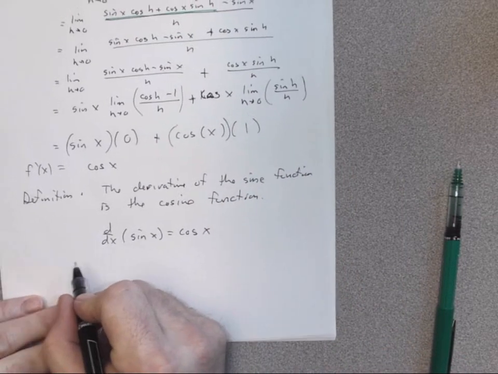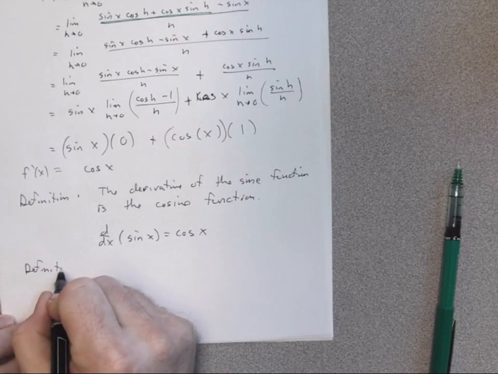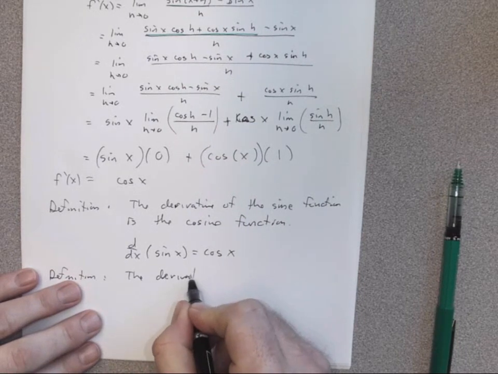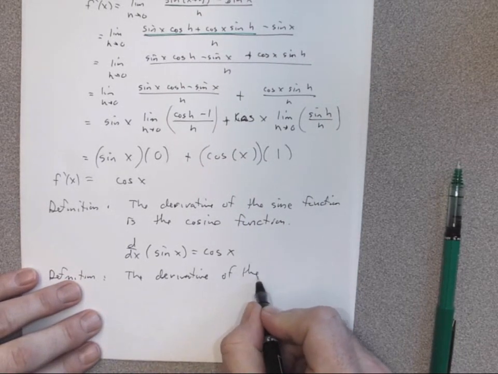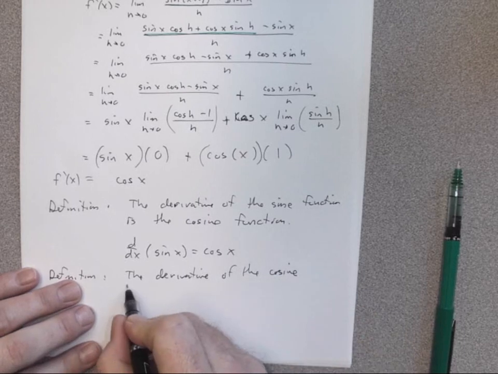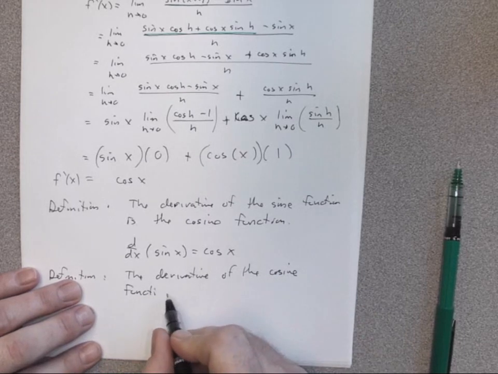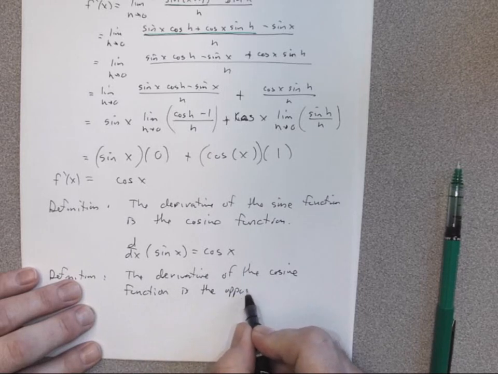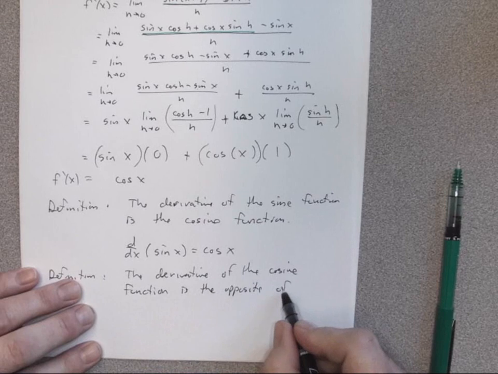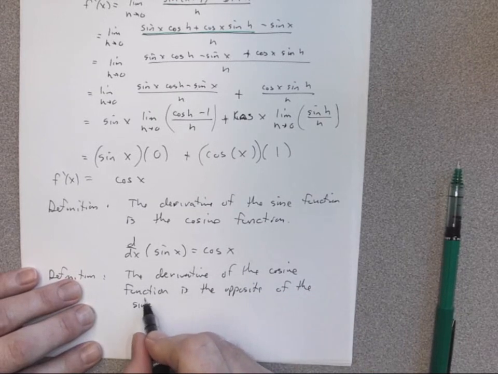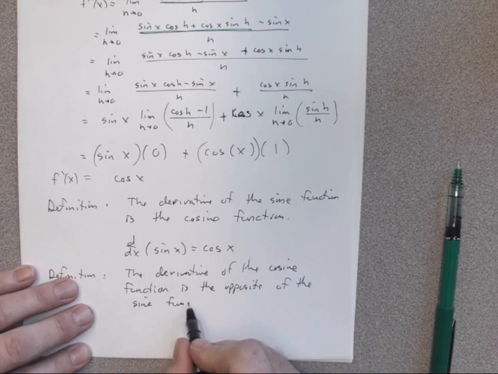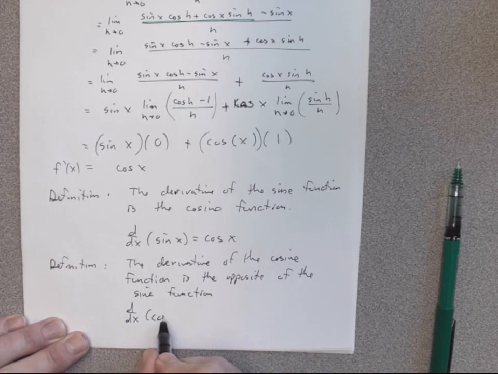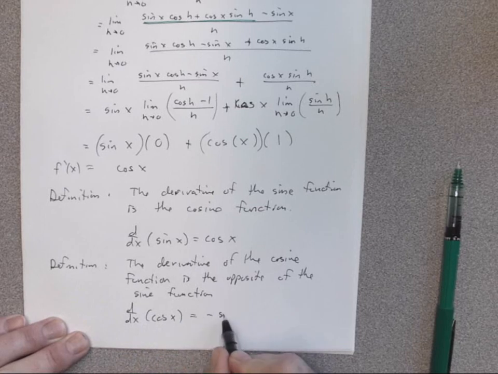Also we can say the derivative of the cosine function is the opposite of the sine function, so it's negative. So the derivative with respect to x of the cosine of x is equal to minus the sine of x.